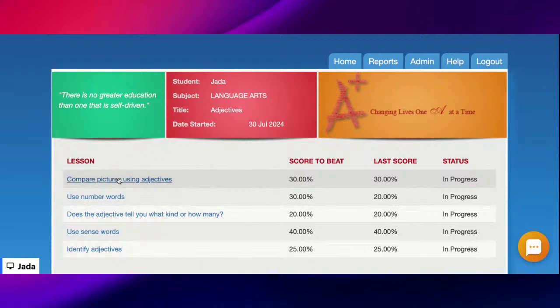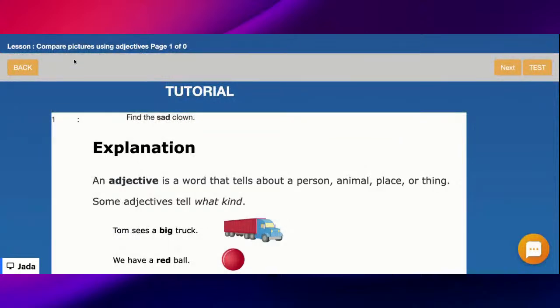Okay, that's nice. So we'll start with compare pictures using adjectives. Okay, so we'll start with the definition of an adjective.